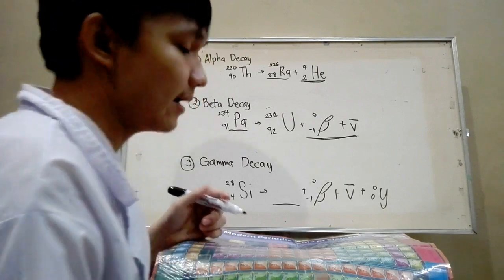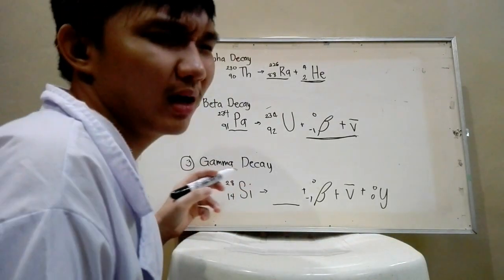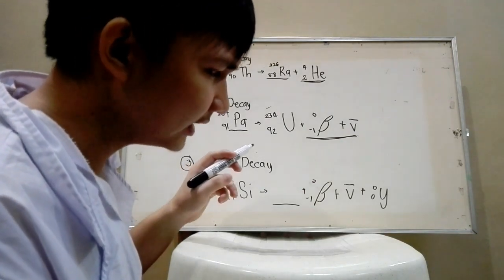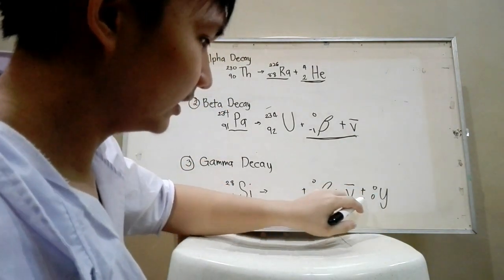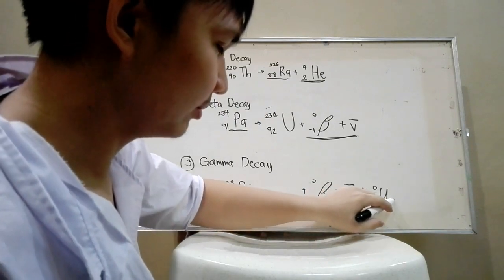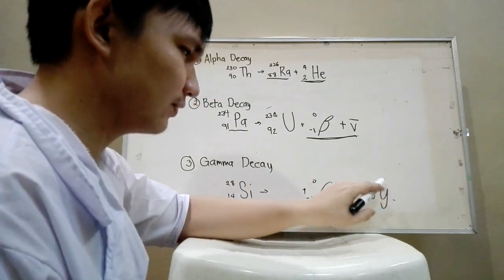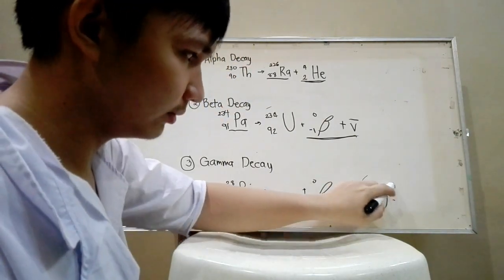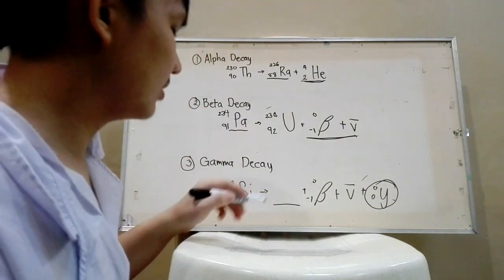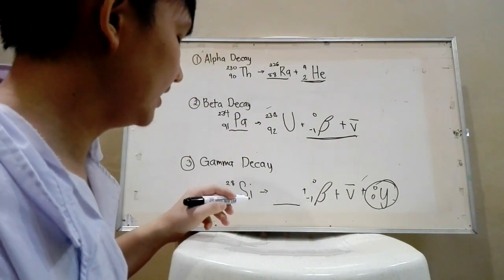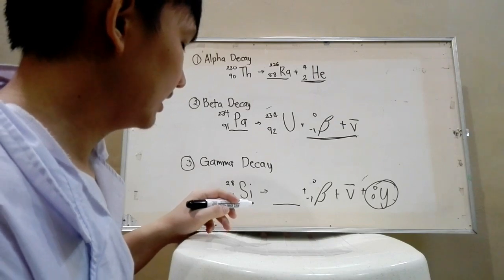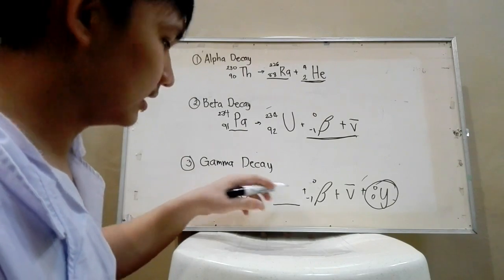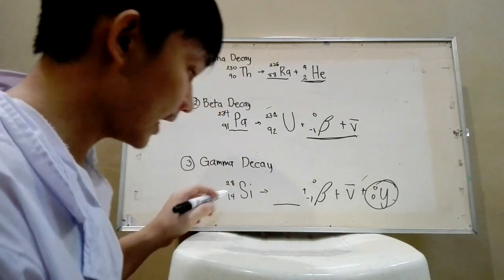So the next one is gamma decay. This is like beta decay, but it has an additional symbol, which stands for gamma, which is the symbol of this. So just like in beta decay, you will have to find an element which, when it is subtracted by 1, you will get this number.